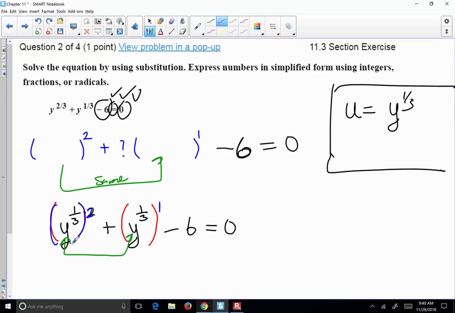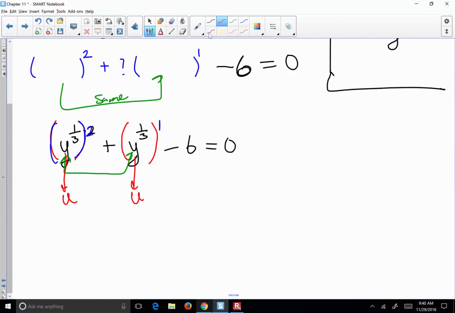So this thing is your u. When you call that u, of course this is also u, but this u has a square, this u has a single power. You add them and subtract 6 and set it equal to 0. So I call this parentheses y raised to the power 1/3, call it u.